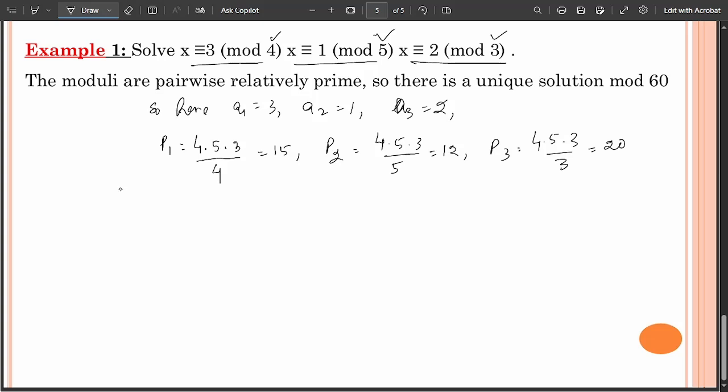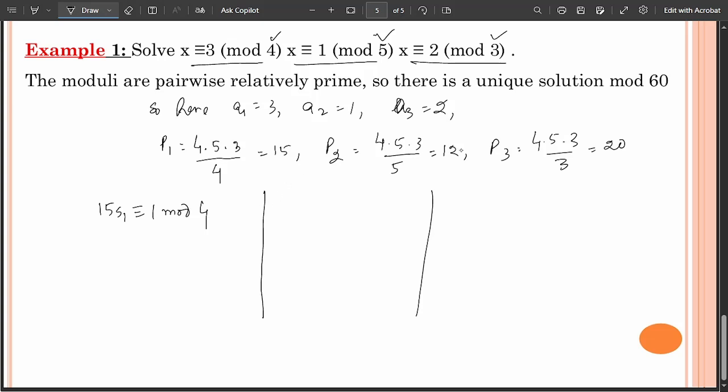Now we have to find s1, s2 and s3. We have three situations: p1 s1 is congruent to 1 modulo m1, that is 15 s1 is congruent to 1 modulo 4.